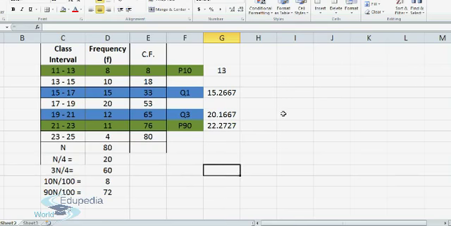Well, once we have got the P10 and P90 and Q1 and Q3 values, I can easily find the interquartile range.